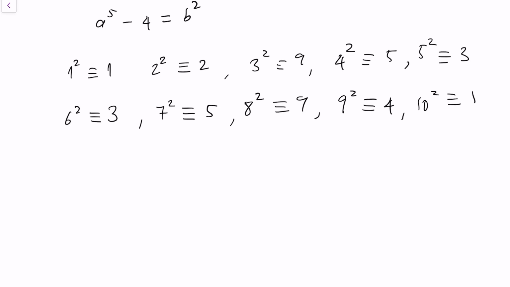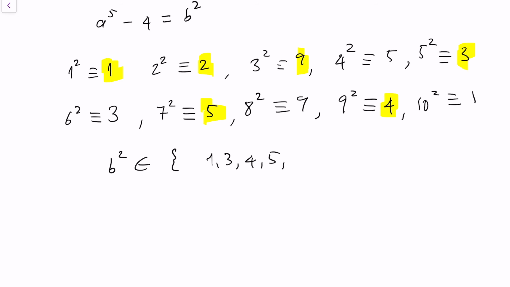And if you notice, we get 1, 3, 4, 5, and 9, right? Because if you continue with 11 squared, 12 squared, 13 squared, and so on, we will get the same answers. That means an integer square in mod 11, so b squared, must belong to the set 1, 3, 4, 5, 9.